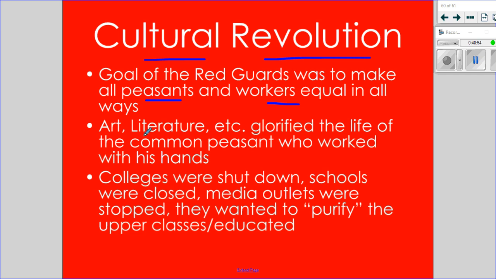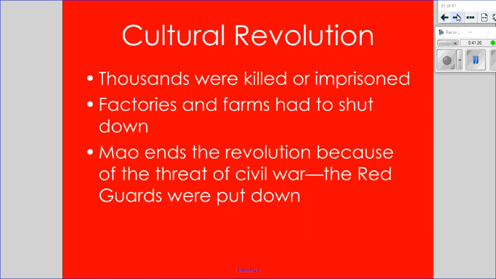So only literature and art that glorified the life of the common peasant was allowed. Colleges were shut down. Intellectuals were killed in large numbers. Media outlets were stopped. They basically wanted to purify the upper classes and educated folks of anyone who was viewed as an enemy, quote unquote, of the people.